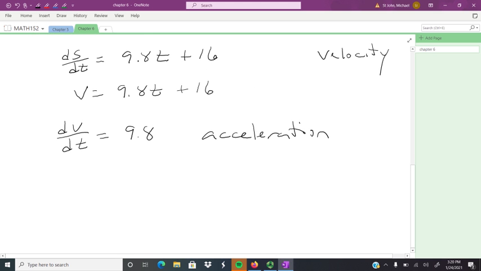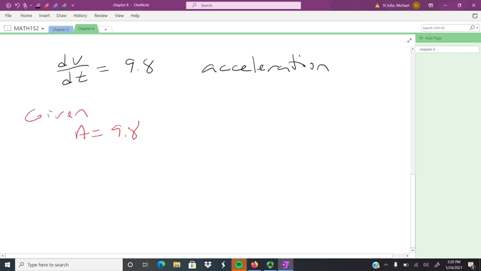So if we go the other way around, so now we start the other way. So now given that the acceleration a is 9.8, and we integrate 9.8 with respect to t, and then we get v is going to equal 9.8t plus c, whatever that is. So this is my velocity.